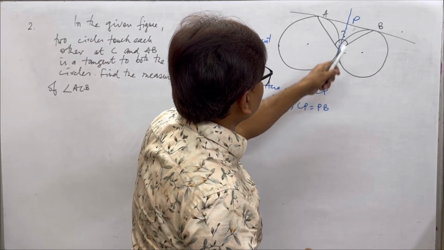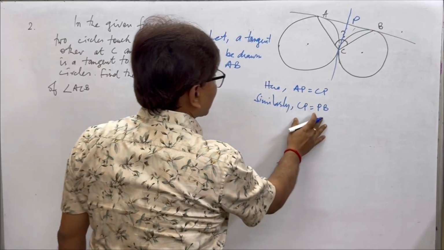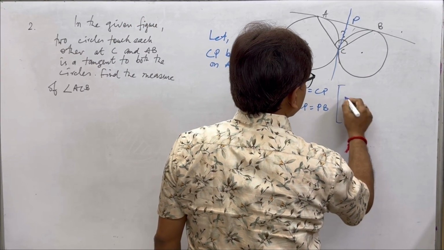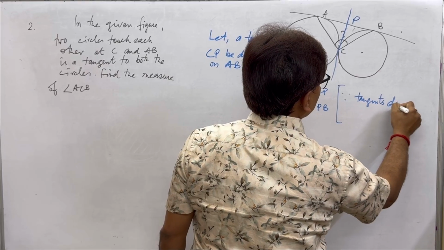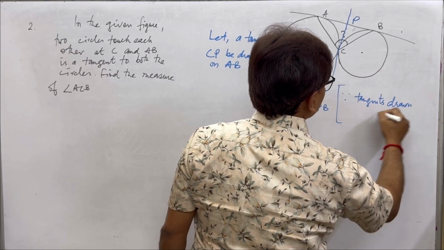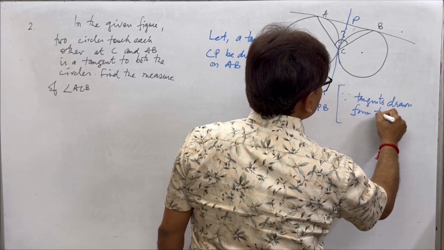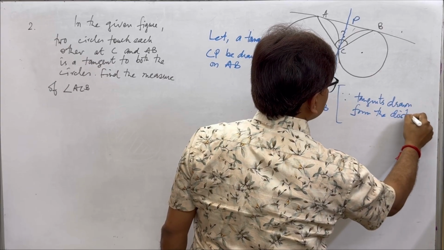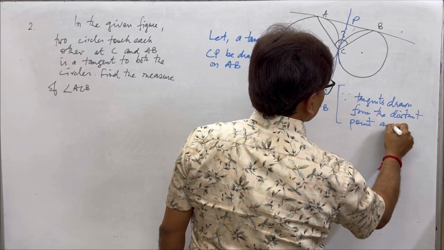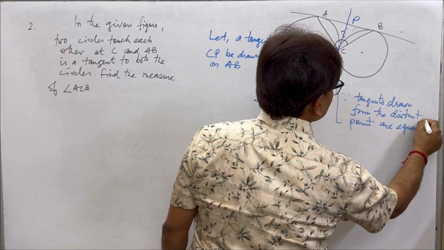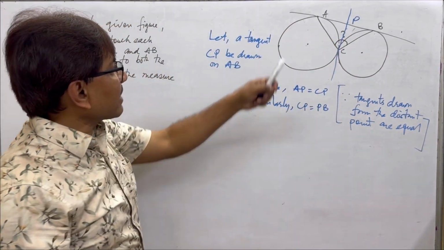AP equals CP and CP equals PB. Reason: since tangents drawn from the distant points are equal. So easily we can write.